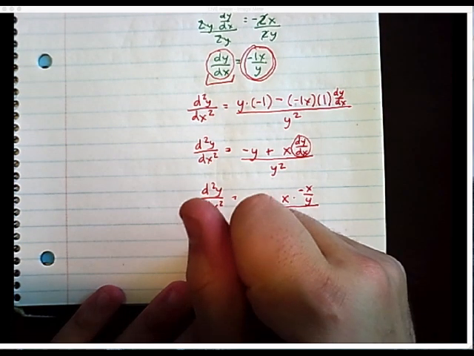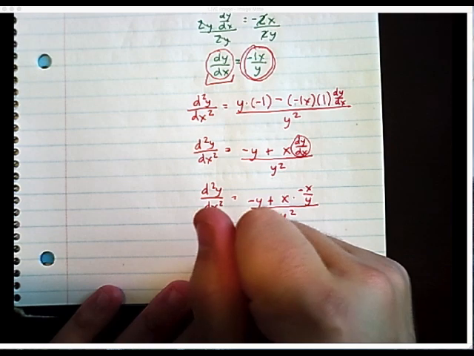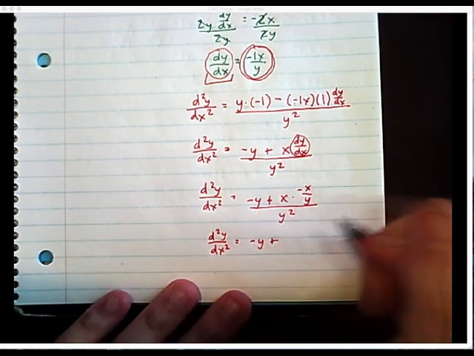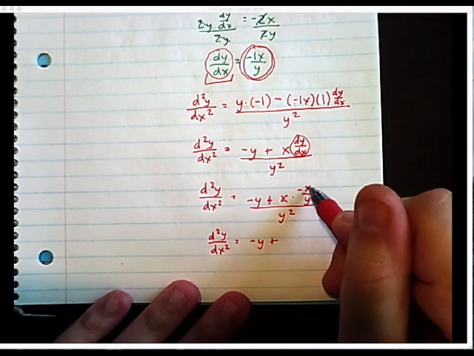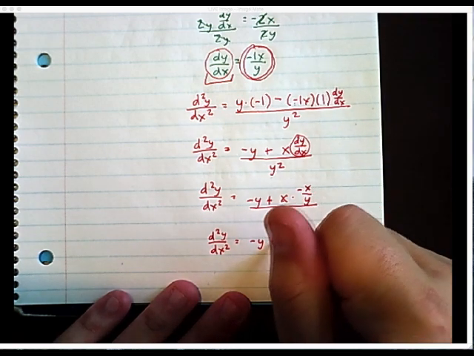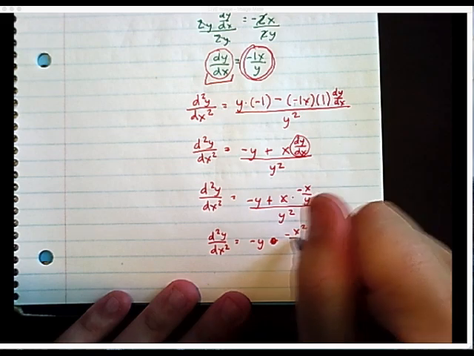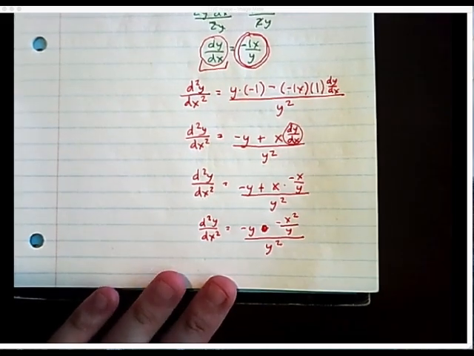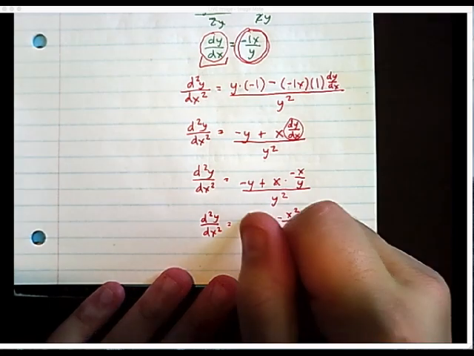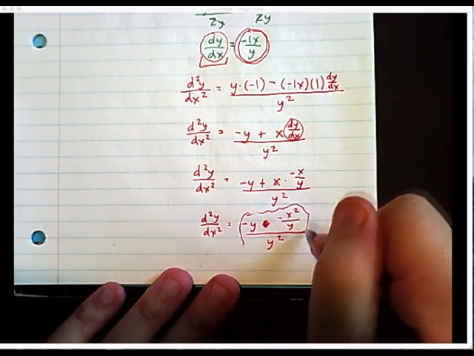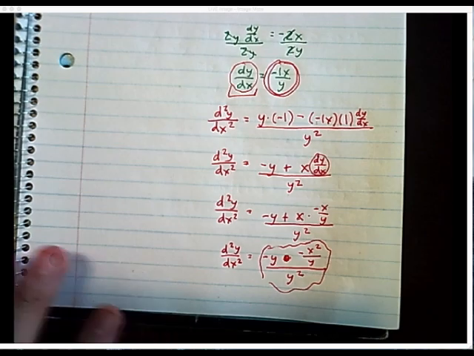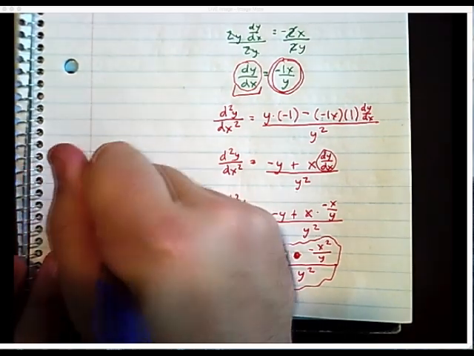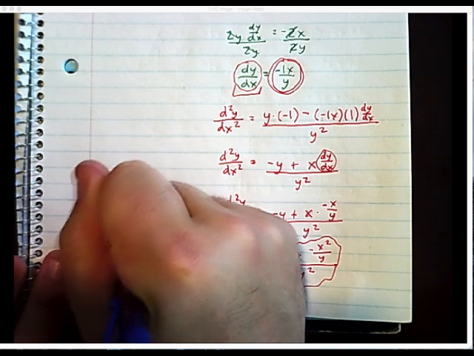So we would have a negative y plus, well, x times negative x would be negative x squared. So I can say minus x squared over y, all over y squared. So this is an expression for the second derivative, but we want to know what is the value of the second derivative at the point 4, 3.